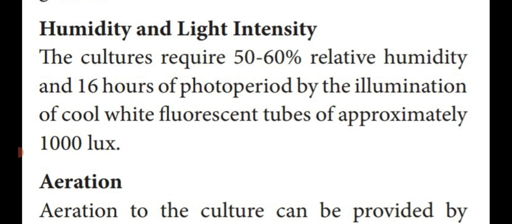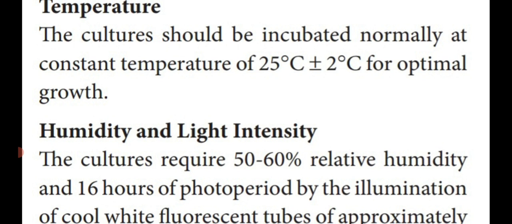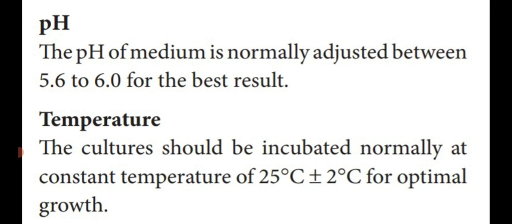Humidity 50 to 60%. Photoperiod 16 hours. Then the illumination of cool white fluorescent tube is 1000 lux. The temperature answer is 25 degrees Celsius plus or minus 2 degrees Celsius as normal temperature. pH value is an important 1-mark question: 5.6 to 6.0.